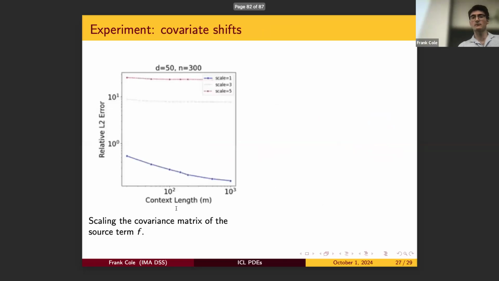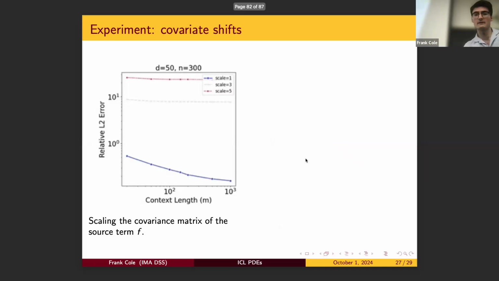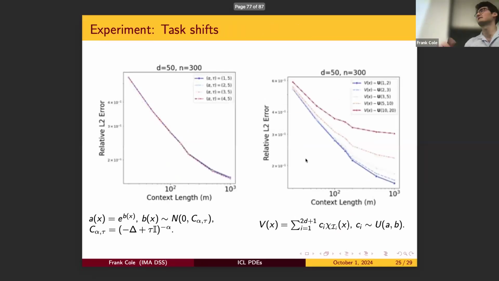I think the last one is covariate shifts, which is not so interesting. It's known that with these covariate shifts, the transformers are not going to be robust. We consider one shift on the left where you just scale the covariance matrix by a fixed multiple, and an example on the right where you shift the parameters of the covariance, which are basically the same parameters, tau and alpha, as in this slide.